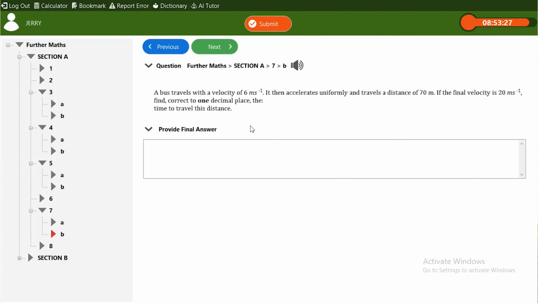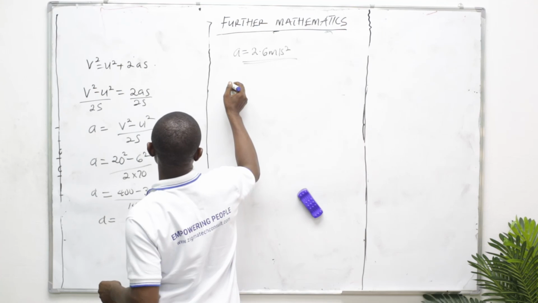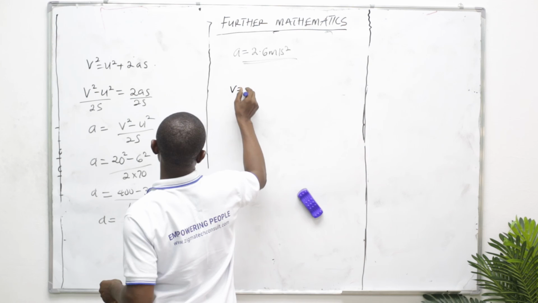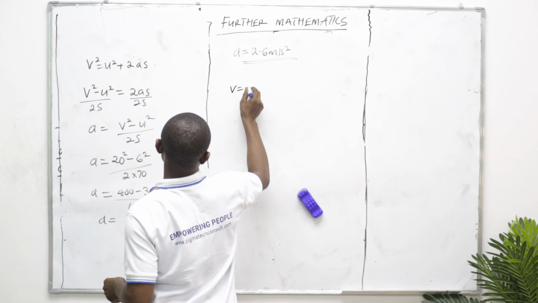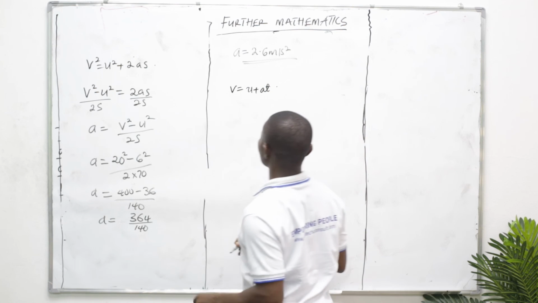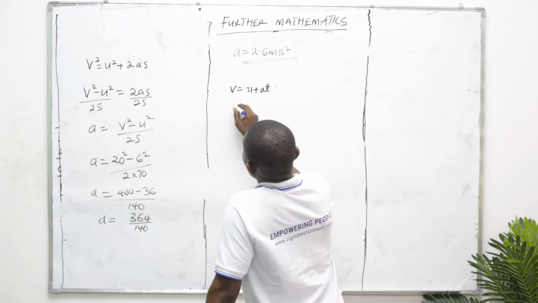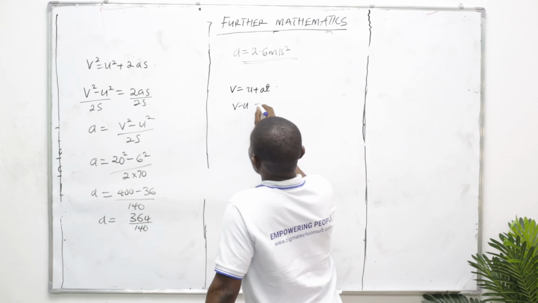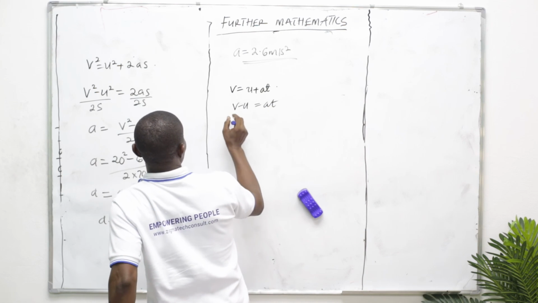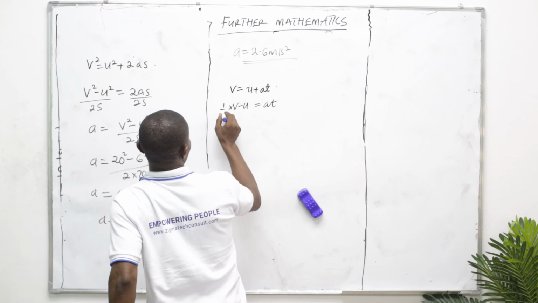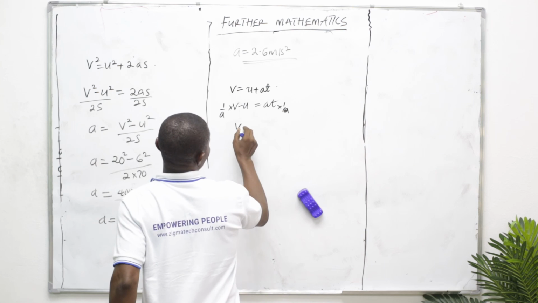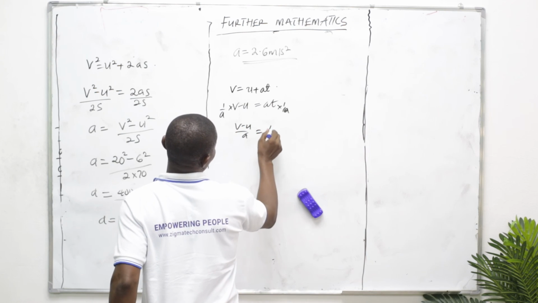Now, recall the first equation of motion, that is v equals u plus at. If v minus u equals at, and we are looking for time, making time the subject of the formula, we multiply by 1 over a, so v minus u all over a equals t.